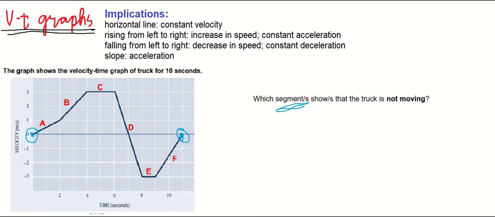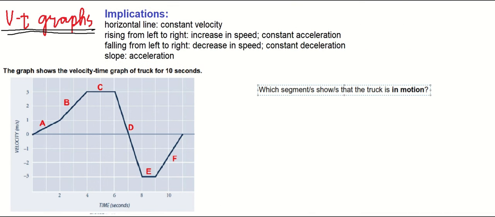And then, at the end, siguro nakabalik na ulit siya sa parking area or naging at rest na ulit siya after the travel. So, yan din naman yung nandito sa end na to. Nonetheless, if our concern is the segment, definitely there's none. Which segment or segments show that the truck is not moving? There's none. Okay, we can't find any segment.